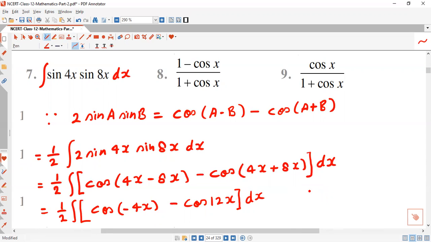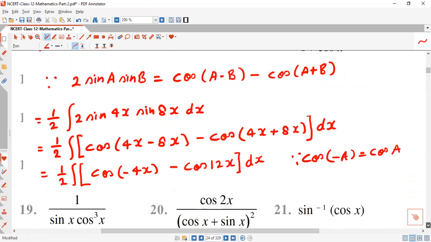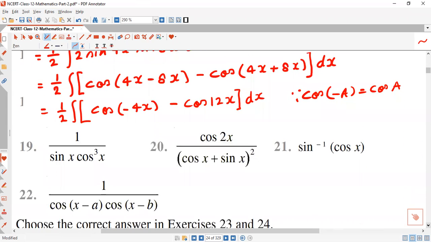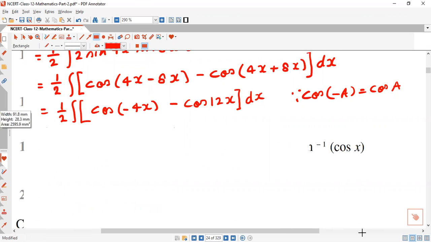Since now you know cos of minus A equals cos A, since it is a cos function, this minus sign will disappear. So we separate the terms and find out the integration.